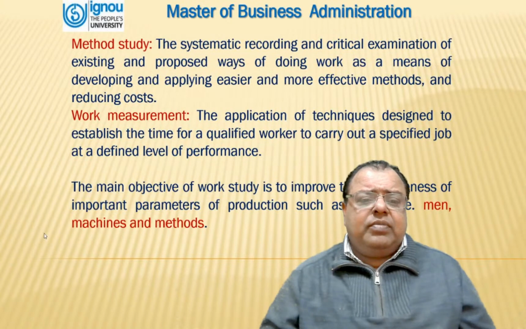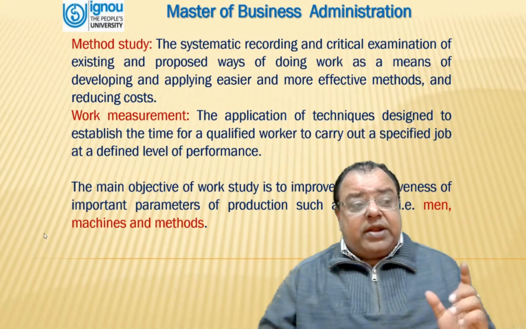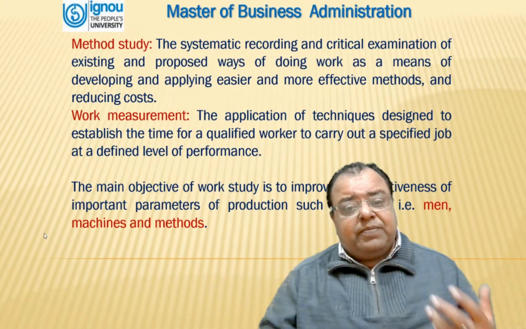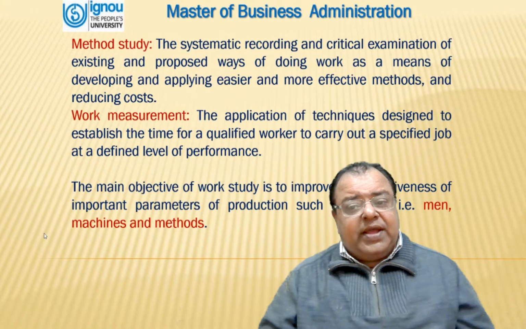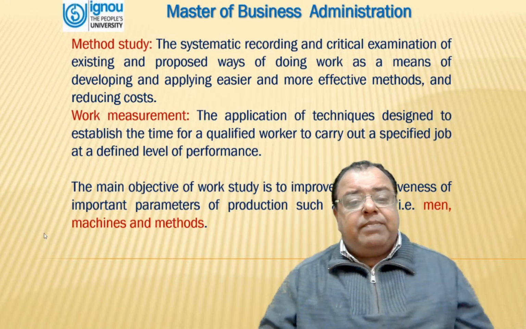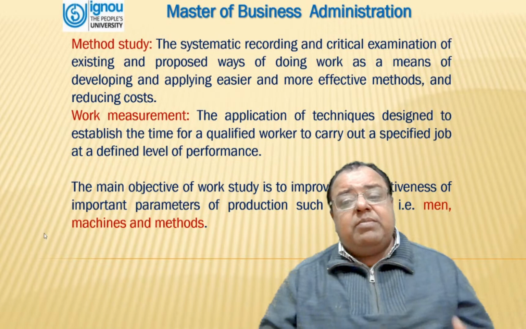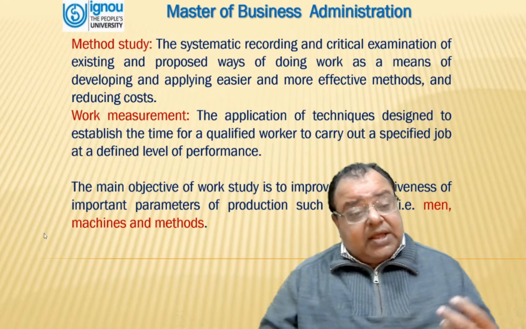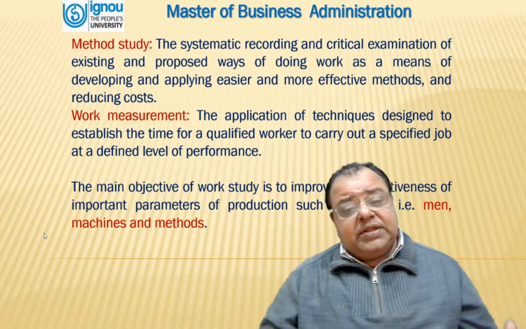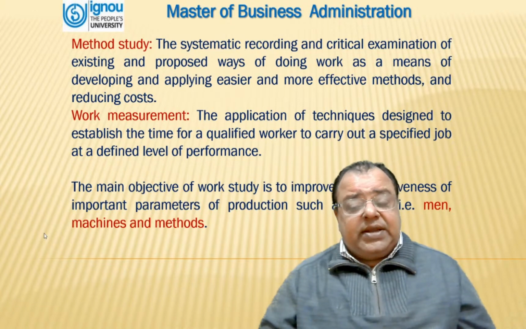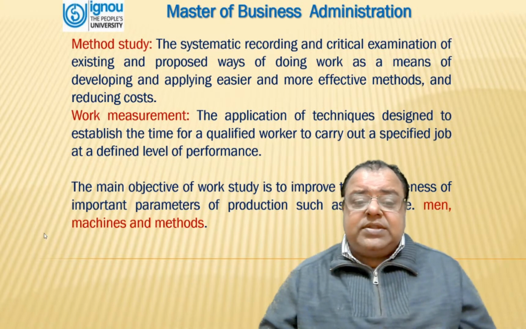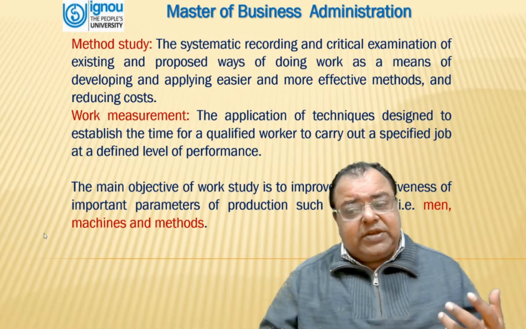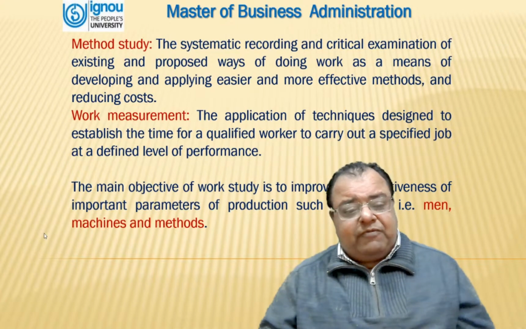Method study is the systematic recording and critical examination of existing and proposed ways of doing work as a means of developing and applying easier and more effective methods and reducing costs. On the other hand, work measurement is the application of techniques designed to establish the time for a qualified worker to carry out a specified job at a defined level of performance.